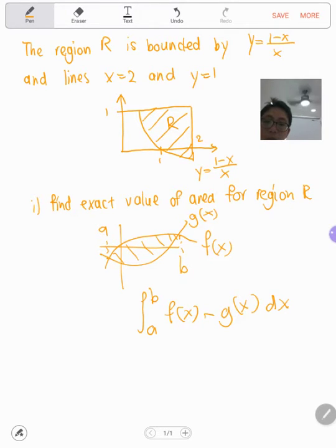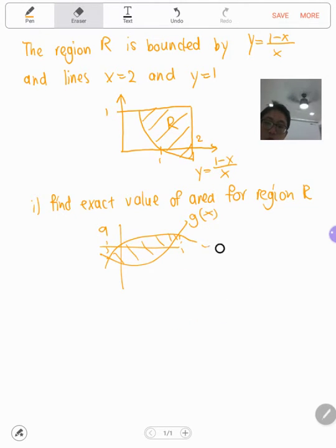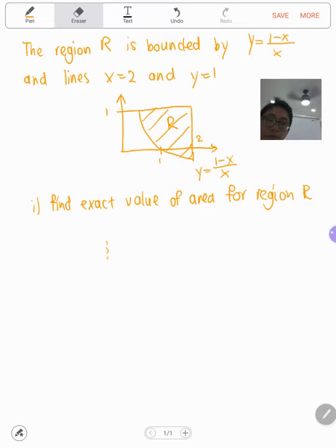So I'm going to apply this idea here. I realize that y equals 1 is the graph on top, and the graph y equals (1 minus x) over x is the graph below for the region. So I need to find this x coordinate.